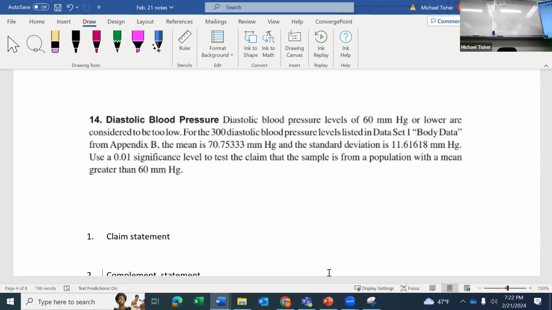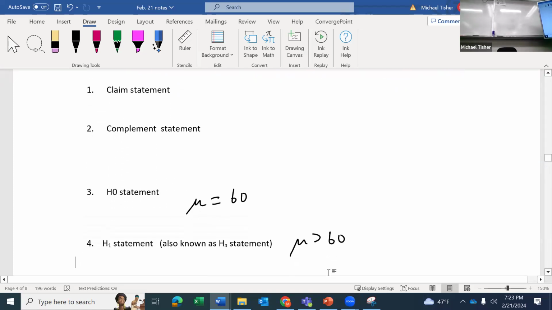Now we're going to put in the H0 and HA. The H0 we just got, it was right down here. All right, so let's confirm all this.